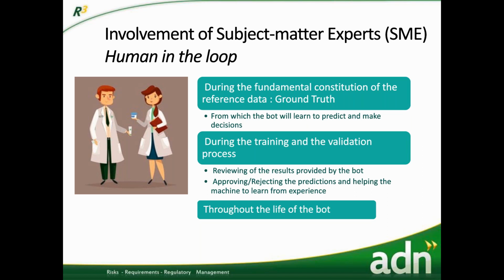For example, in the example shown by Yawen, if the bot has learned to read some letters on the picture and is reading another one, there is a review by an expert who can correct by tagging that no, you should have read an E instead of an A, something like that. And approving and rejecting the predictions helps the machine to learn.